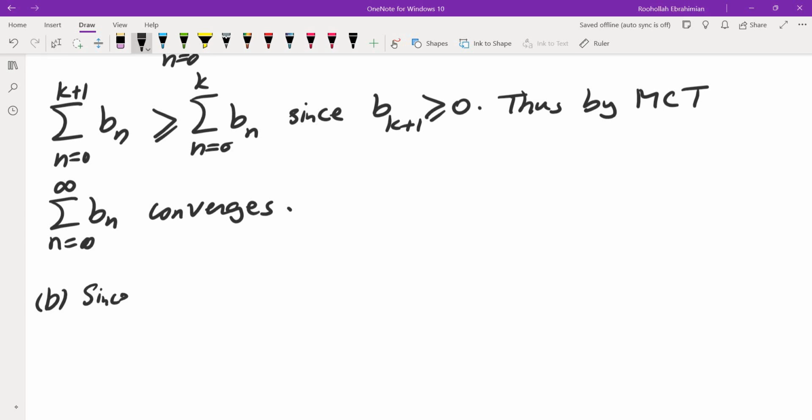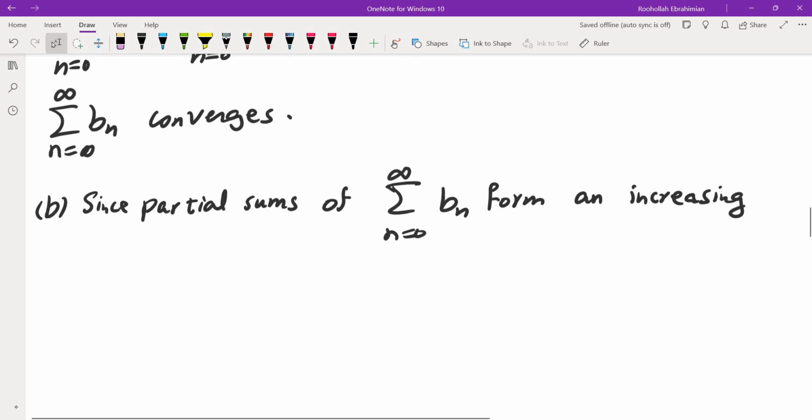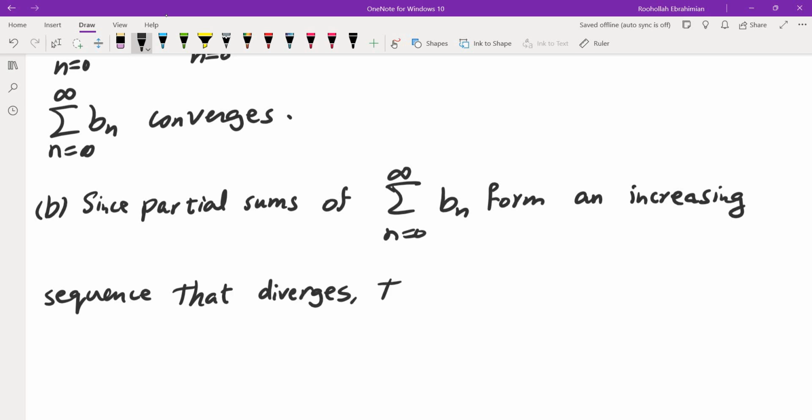Since the partial sums of the sum of b_n are increasing, or to be a little bit more precise, form an increasing sequence that diverges, they must be unbounded above.